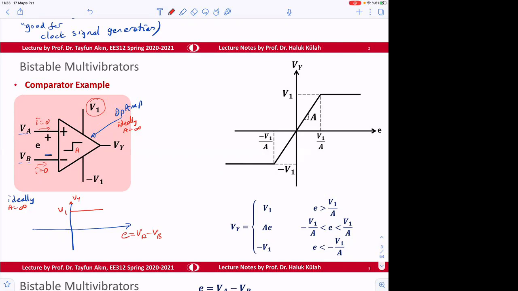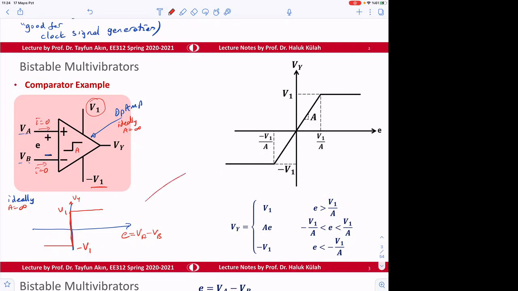If the signal is a little bit negative, then it goes to the other extreme, minus V1. So this is the ideal response of an op-amp, but we will call this thing not an op-amp but a comparator, because we are comparing A and B. If one of them is larger, the output goes to V1. If B is slightly larger, then the output goes to minus V1. Okay, so this is the ideal case.